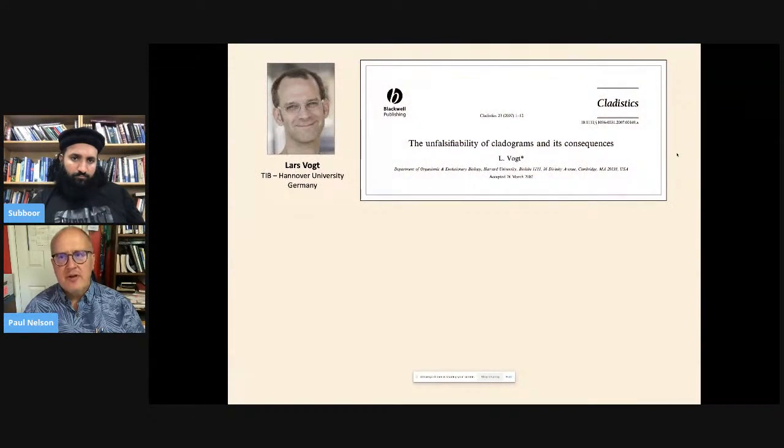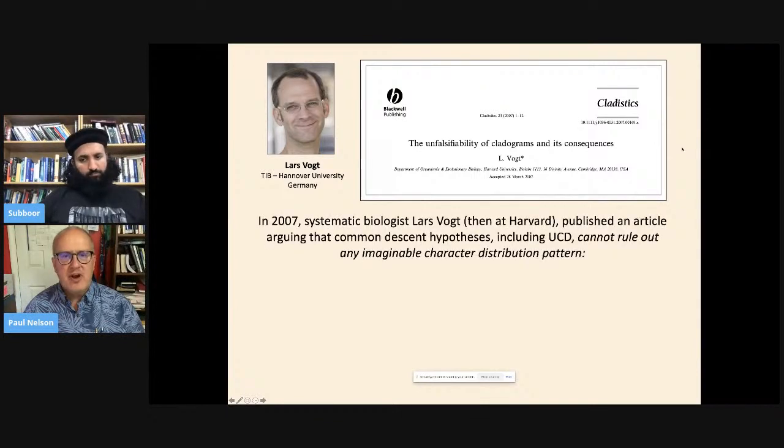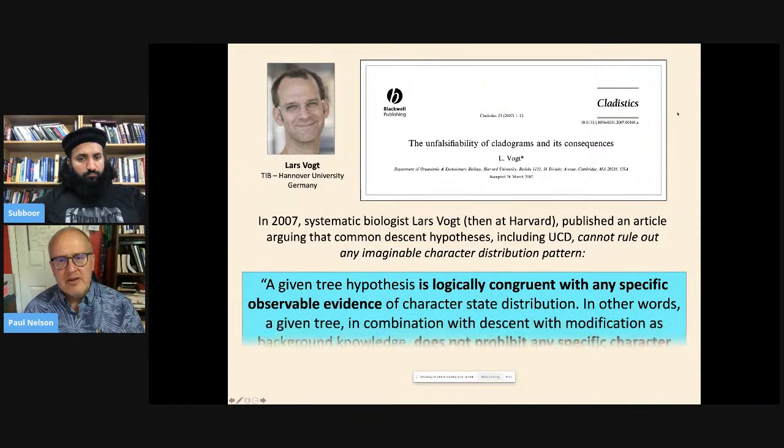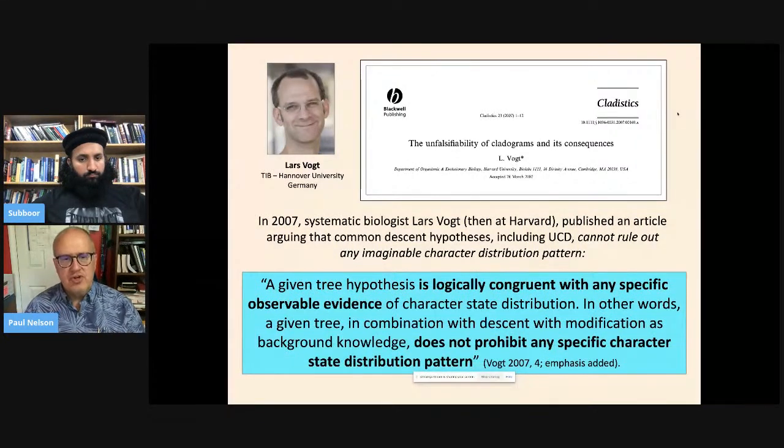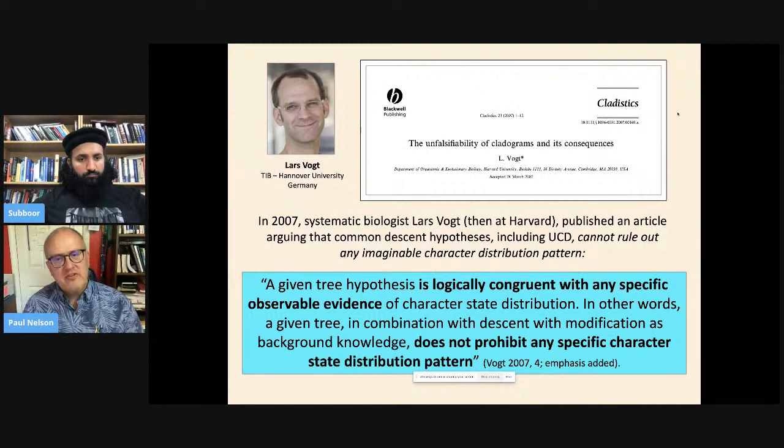So in 2007, Lars Vogt, who is now at Hanover University in Germany, but at the time was at Harvard, published a paper in the journal Cladistics where he said universal common descent by itself cannot rule out any imaginable character distribution. What that means is if you look at different species and observe their characters, universal common descent doesn't forbid any particular distribution of characters. As he puts it, a given tree hypothesis, evolutionary tree hypothesis, is logically congruent with any specific observable evidence of character state distribution.